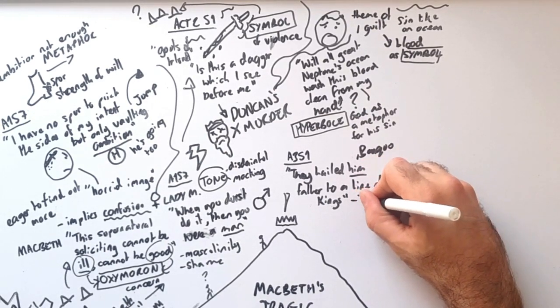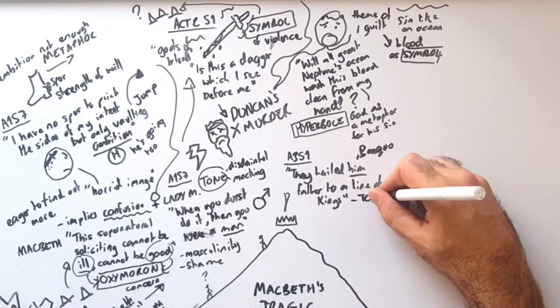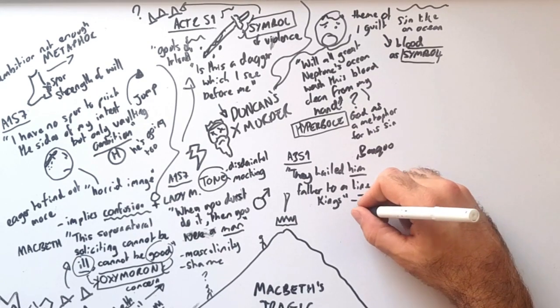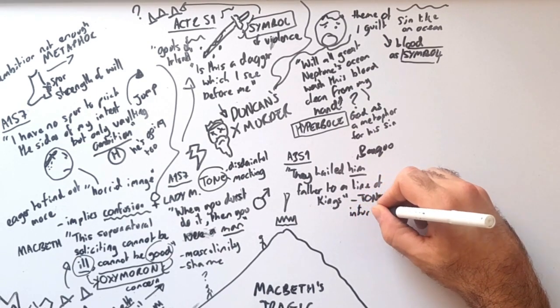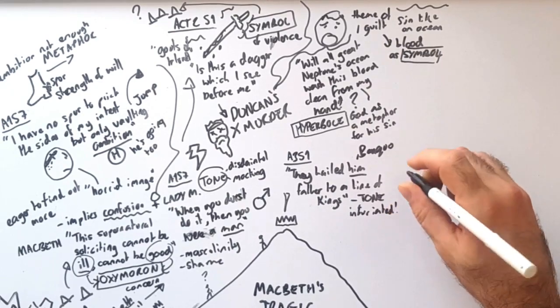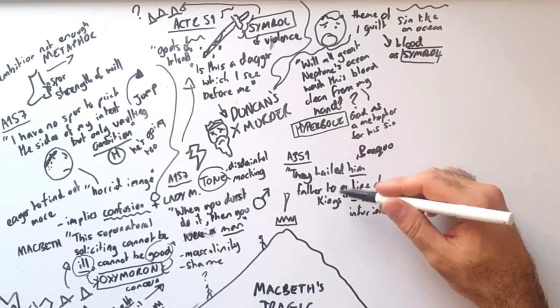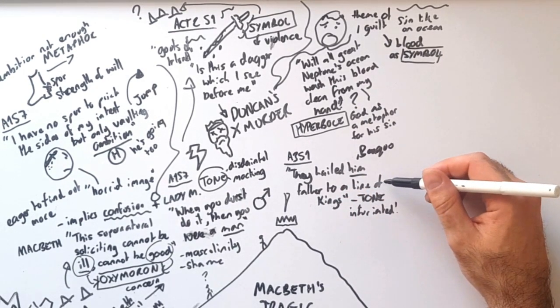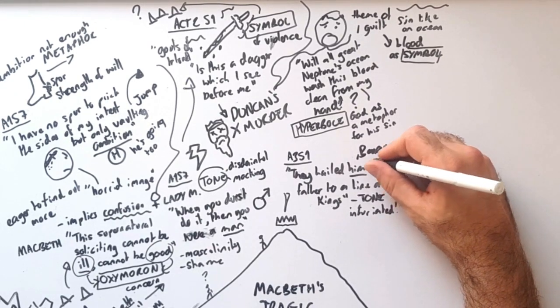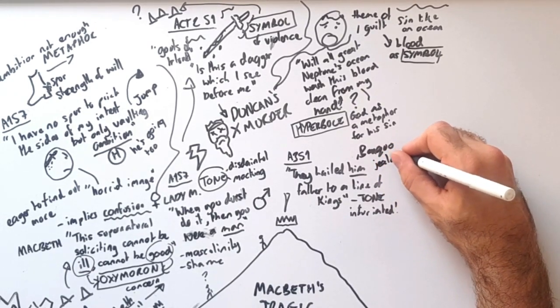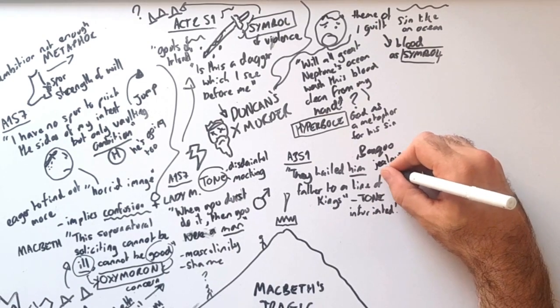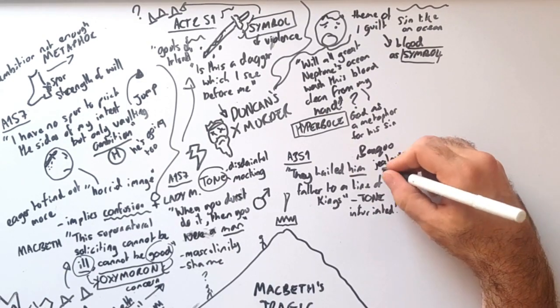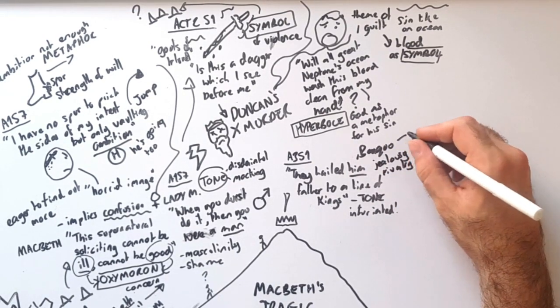So we've got a tone: infuriated. He cannot handle the idea that he can't pass the throne on to his own children. So we've got this idea of jealousy and rivalry. And it's going to lead Macbeth to obviously have Banquo murdered.